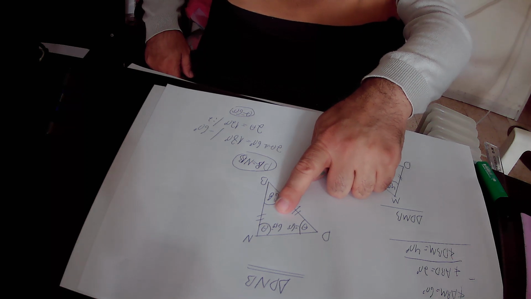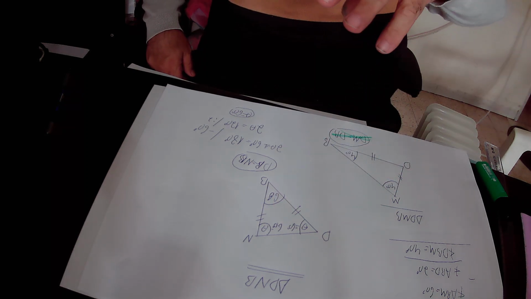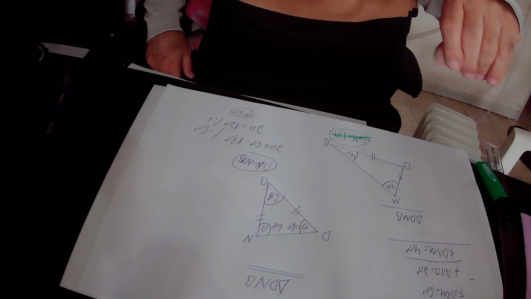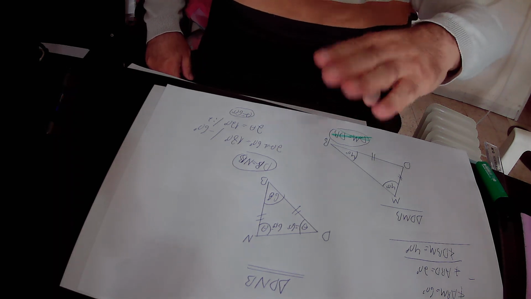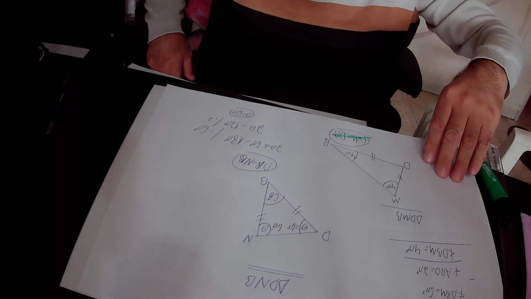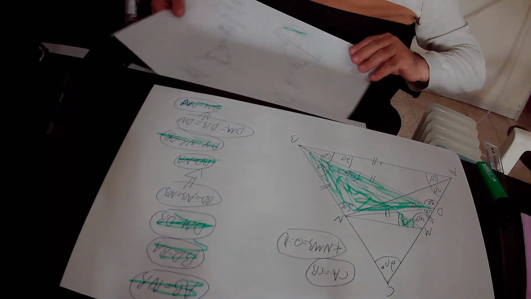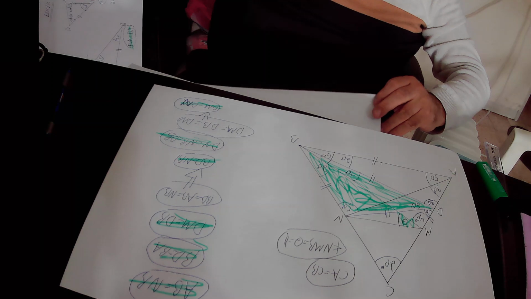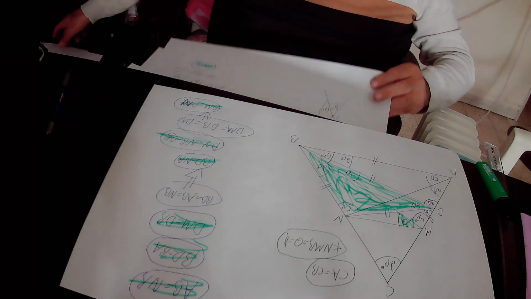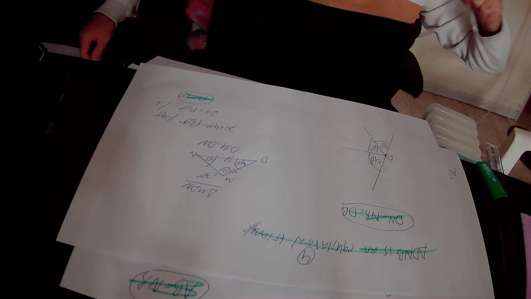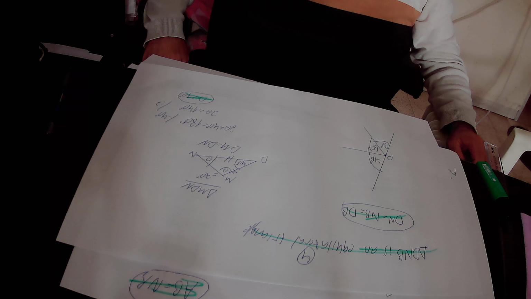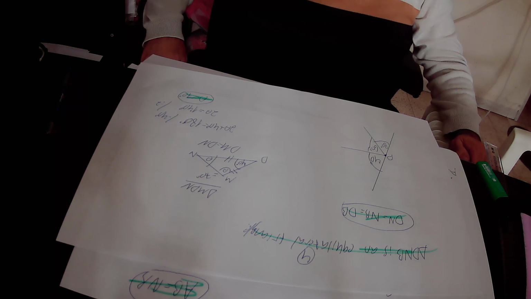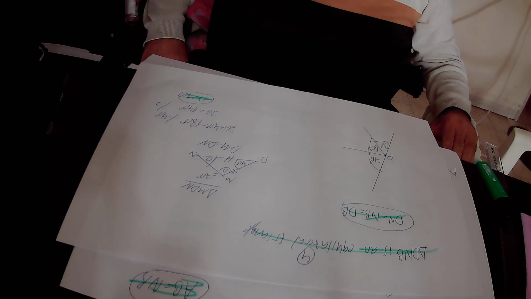So inside triangle DNB we have three angles, all of them equal to 60 degrees in their sizes. Therefore, triangle DNB is an equilateral triangle. And we know that all the sides of any equilateral triangle are equal to each other.